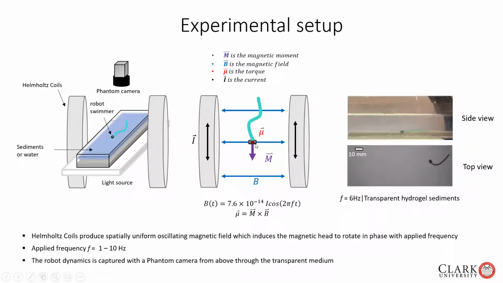It generates an alternating torque going into and out of the page, as you can see right here. As a result, the magnetic head tilts left and right with the same frequency as the alternating current, and the frequency applied ranges from 1 Hz to 10 Hz.